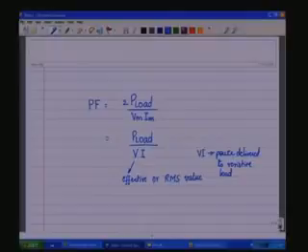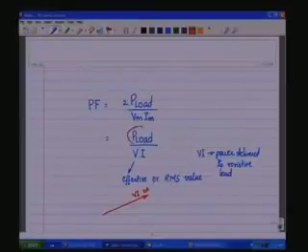So, if we talk of the apparent power VI, this is VI, this is in VA. Now, the power delivered to the load, P load, this is watts.